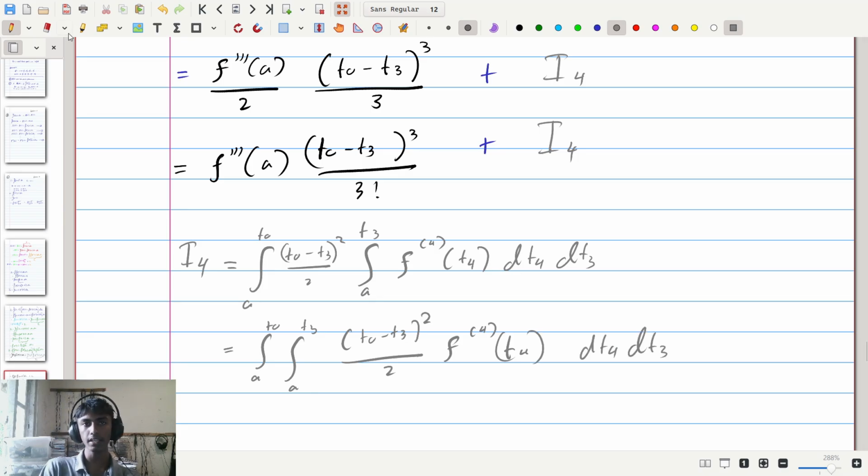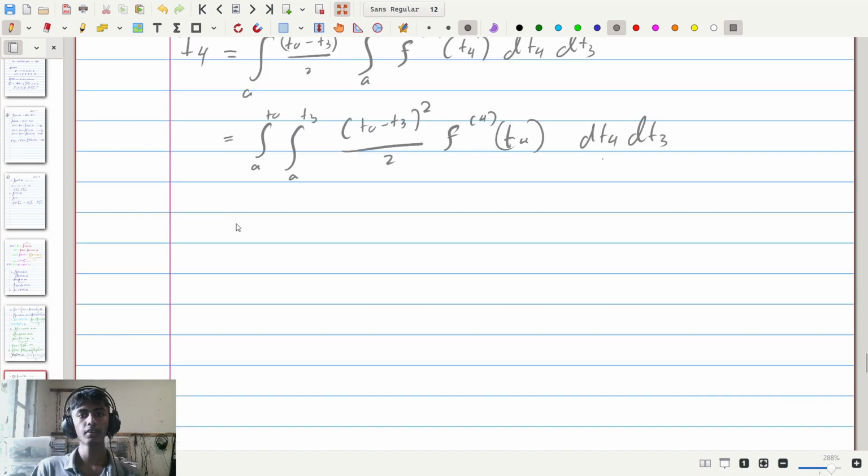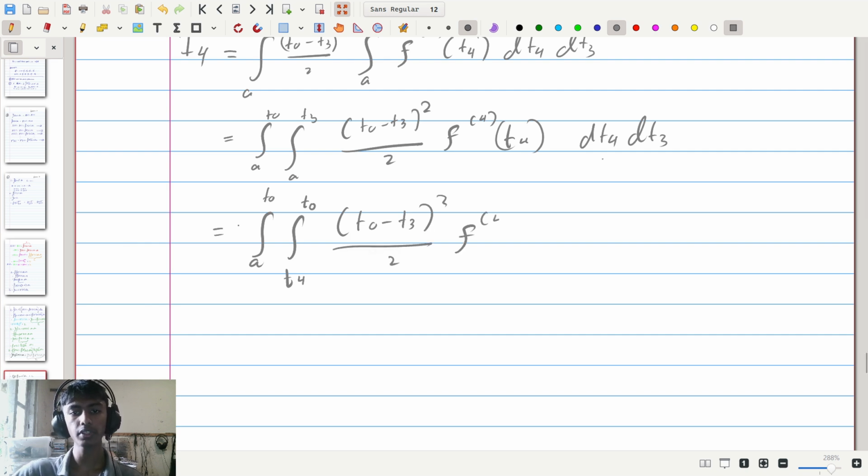We can see the pattern here, and what I'm going to do here is immediately swap the two integrals. Writing this down here, what we have is equal to the integral from a to t0 of the integral going from t4 to t0 of this whole thing, which is (t0 minus t3) squared over 2 times the fourth derivative of f at t4, dt3 dt4.